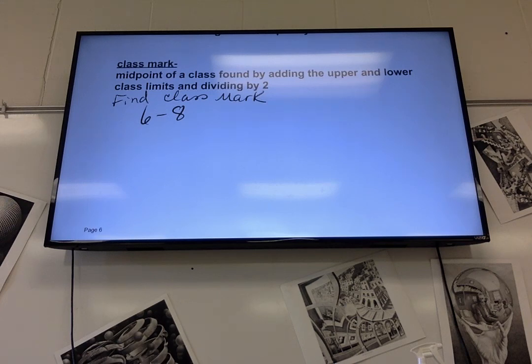But if there were numbers that you couldn't just look at and find the number in the middle, all it is you take the 2 numbers, you add them, and you divide by 2. That would be the class mark. And that's going to be helpful when we go to graph this, because we wouldn't list the whole thing 6 to 8, we would just put the 7 there. It just makes it easier to graph.